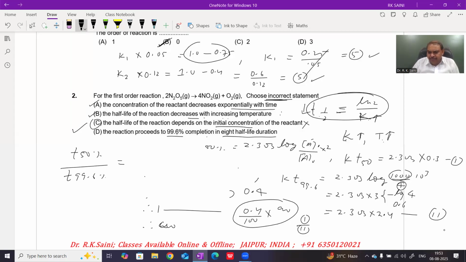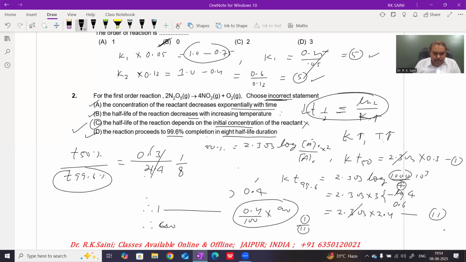Then 2.303 is also cancelled. In equation first, the remaining part is 0.3, and in equation second, the remaining part is 2.4, or we can say 1 by 8. Therefore, the statement fourth is also correct.